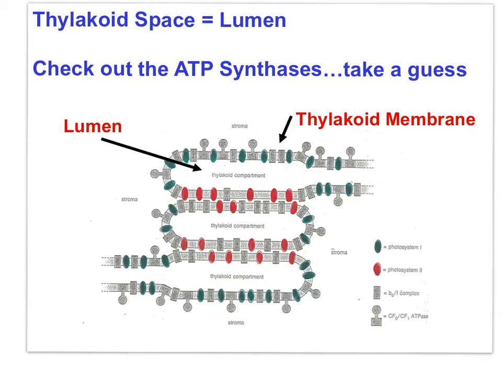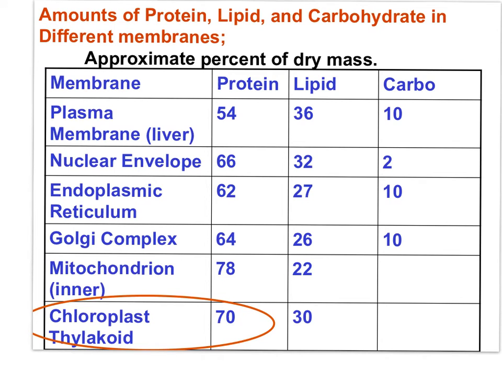As well, in the same manner as ATPases in the mitochondrion, there are ATPases on the thylakoid membranes. Also, notice the inner compartment of the thylakoid. This is important as well. Stay tuned. This table displays the protein quantity as a percent of dry mass of various membranes.